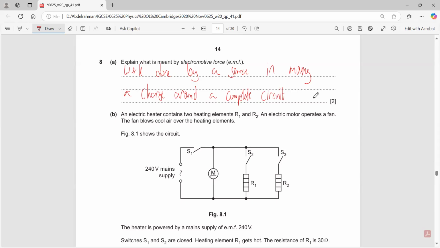Electric work done by the source on the charge, because the source supplies the charge with this energy. Electromotive force is the amount of energy per unit charge. So basically, you want to find the work done by the source on this charge.